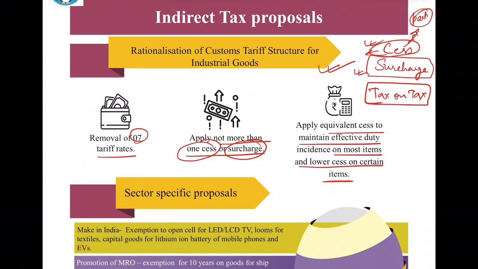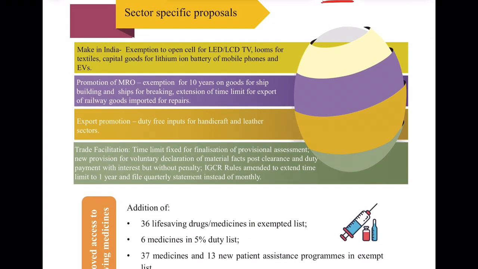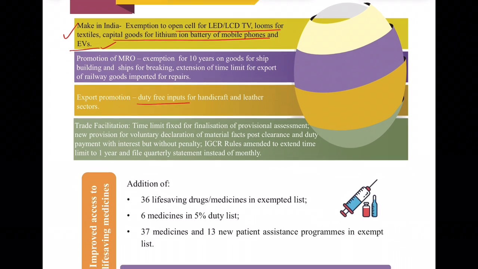Equivalence will maintain effective duty on most items and lower cess on certain items. Now, sector specific: Make in India exemption is open for LCD loans and all that to increase manufacturing. Duty free input for handicraft and leather sectors, and also shipbreaking, extension of time, export.